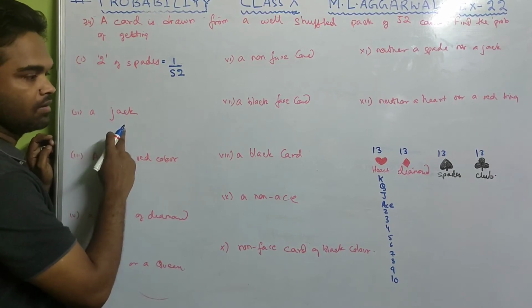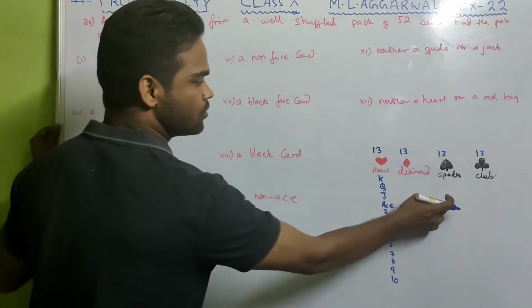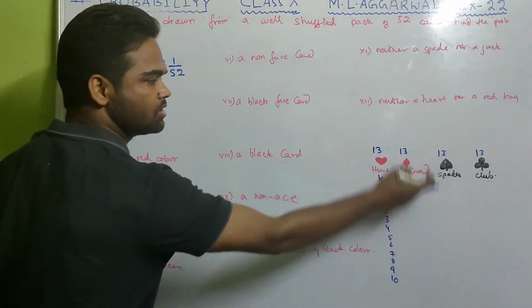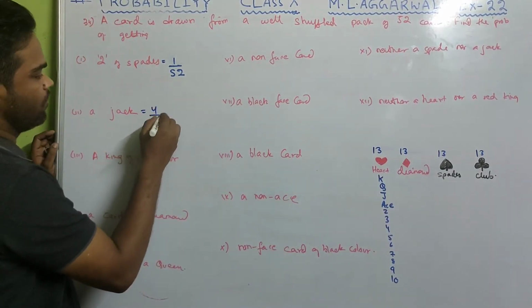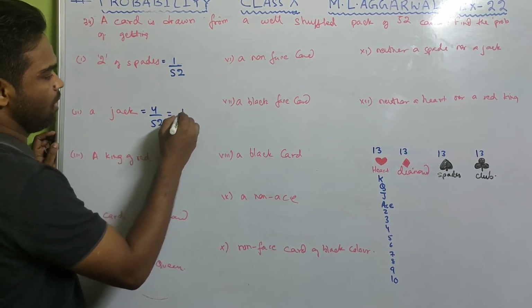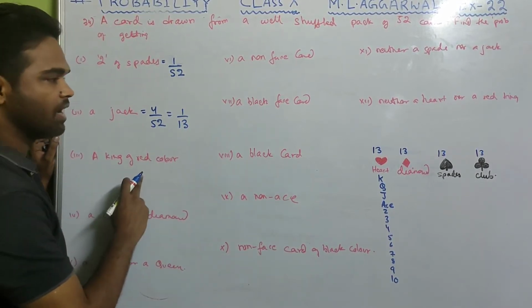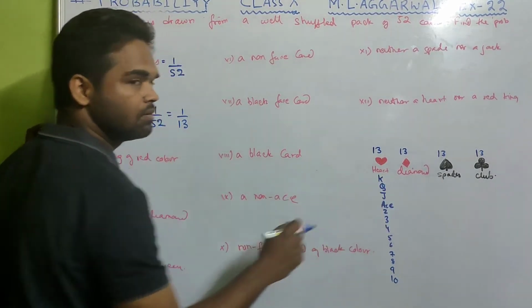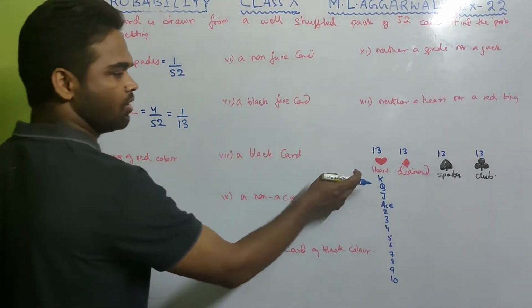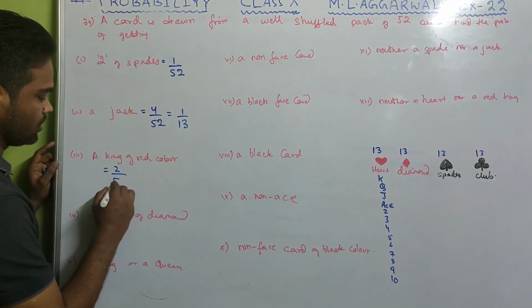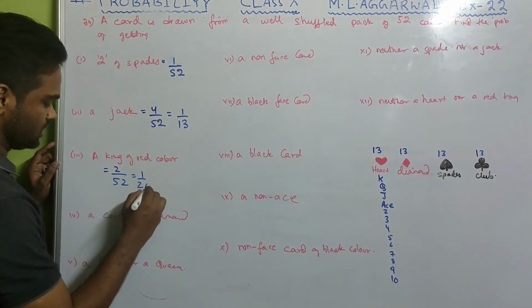A jack. Now look, there will be 1, 2, 3, 4 jacks. Isn't it? In each suit there is a jack. So that's 4 by 52, that's 1 by 13. Done. A king of red color, so there will be two kings of red color, either king of heart or king of diamond, so that's 2 by 52, that's 1 by 26.